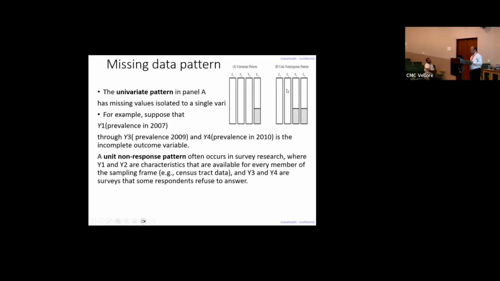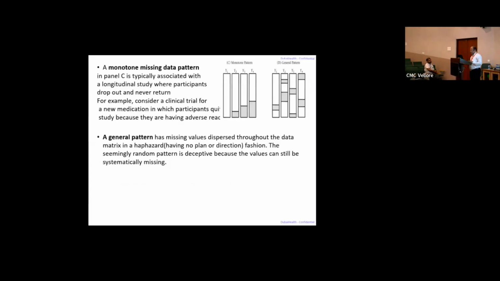These are 2 different patterns, and we need to see how we are going to estimate the missing values when you have missing at baseline and missing at follow-up information, etc. This is monotonically increasing missing information over the follow-up. So it's a very serious business, and we need to know how to handle it. And this is basically a general pattern, missing at random at different points, where you don't see any pattern here.